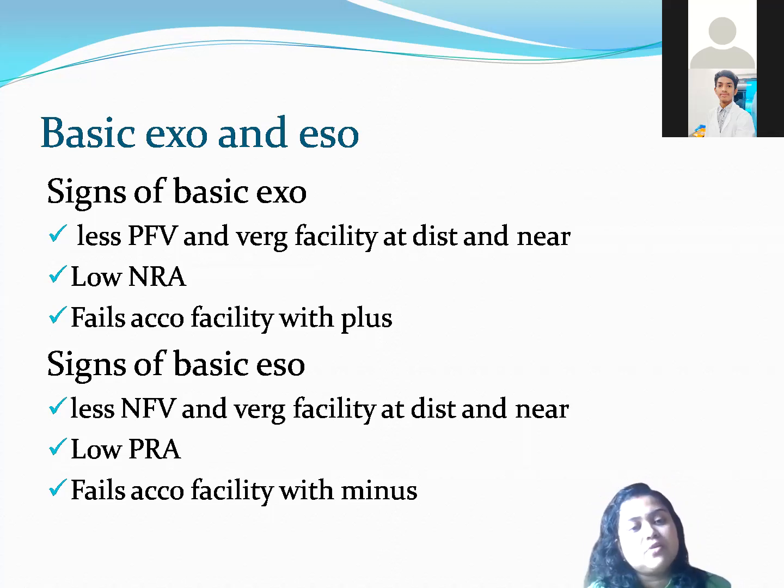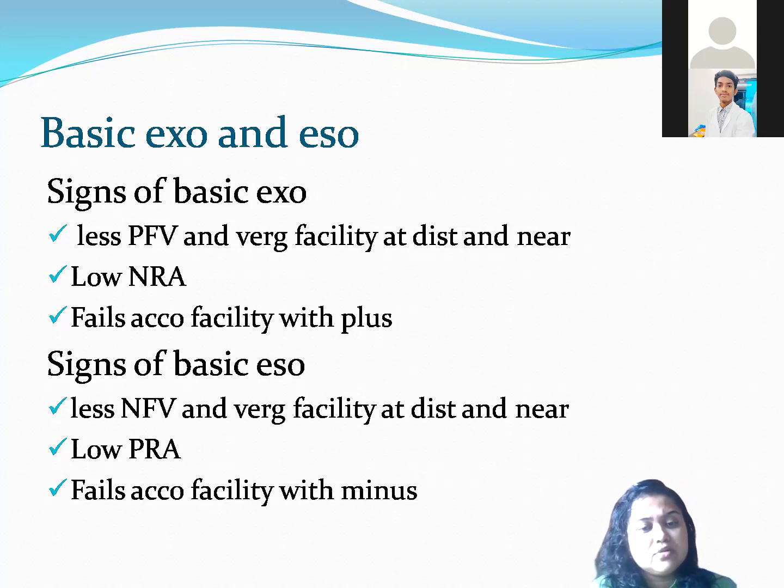So we train with the Brock string and cat card first, then with the lifesaver card. Once a patient can do it, we can train with the eccentric circles and the other higher versions like the tranaglyphs. Tranaglyphs always give a very good result, because both the peripheral fusion and the central fusion are trained. So this always gives a better result.